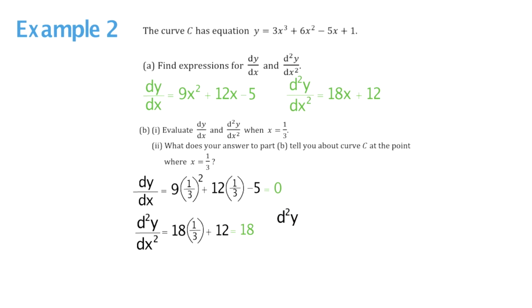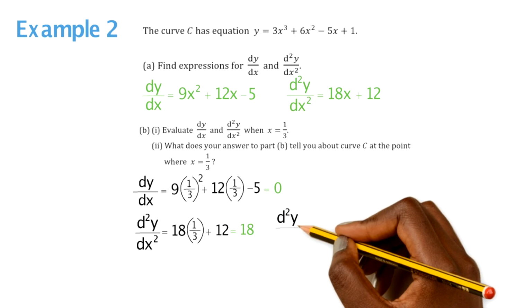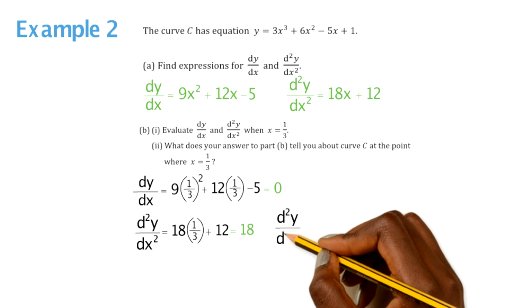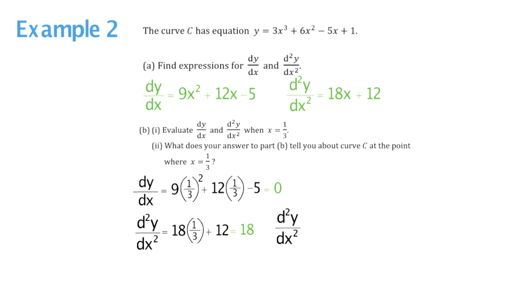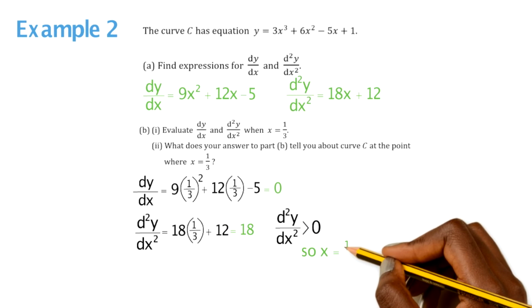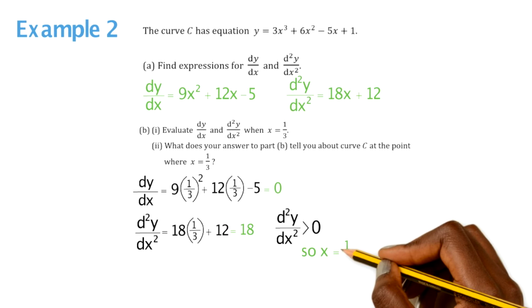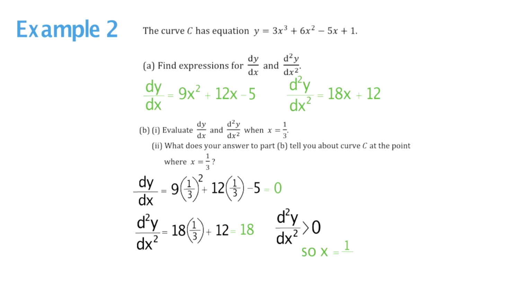So the key thing here is because our d2y over dx squared, so this is answering part II, is greater than 0, because it's 18, right? This is therefore going to tell us that when x is equal to a third, it is going to be a minimum point.